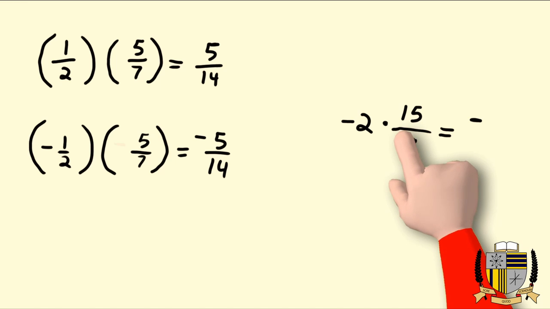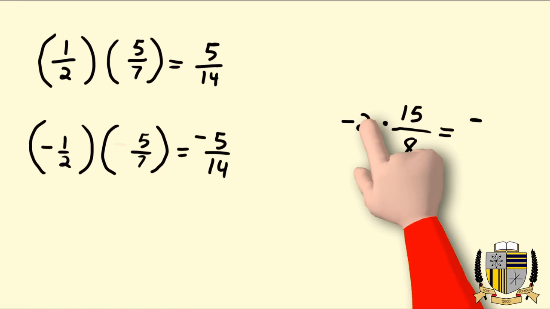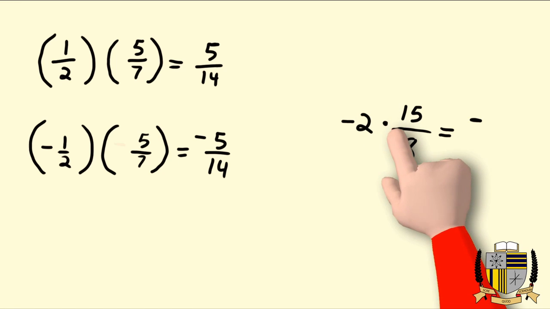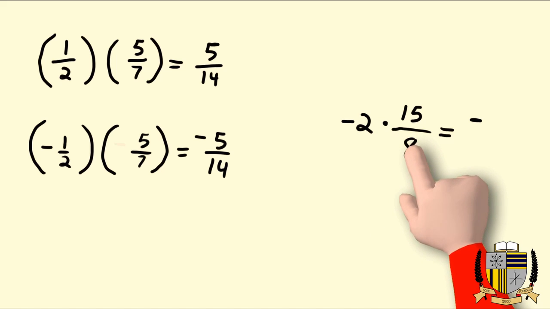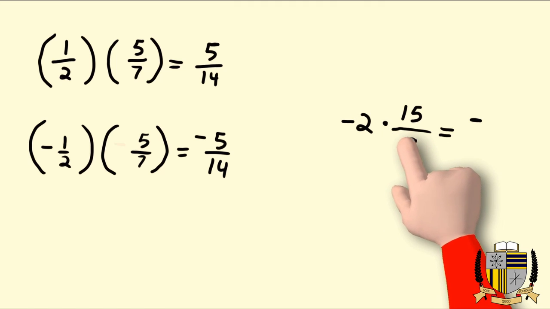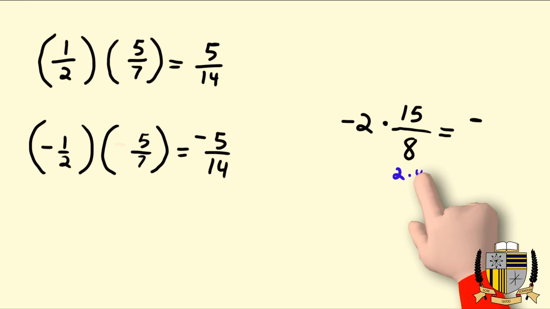Now I'm going to look at just the multiplication. So I have this thing going on here, and say to myself, okay, there's a little relationship with 2 and 8. Something's going on here, right? Because I know to get 8, 2 times something is 8. And here's a 2 here. So we can do some kind of canceling, right? Because this 8 is pretty much made up of 2 times 4.